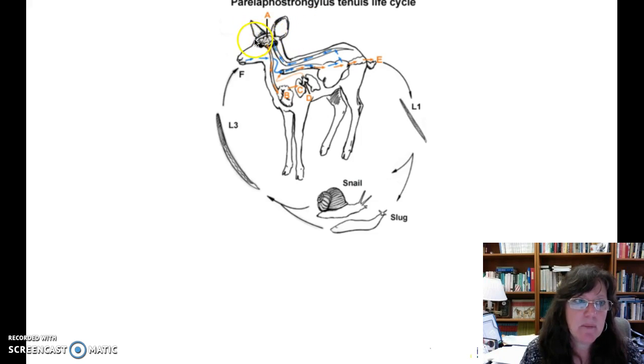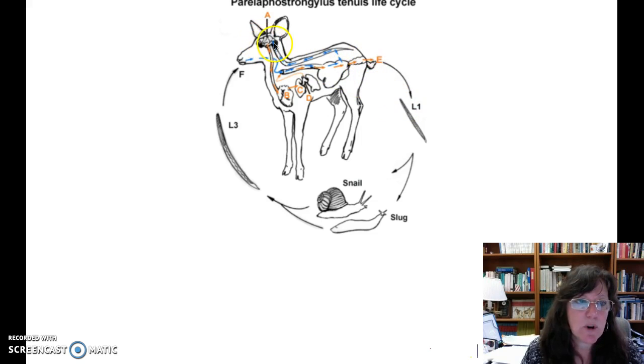And once it reaches adulthood and reproduces, it'll lay eggs. Those eggs will hatch and work their way into the circulatory system, or into the lungs, and then they get coughed up from the lungs and swallowed down into the digestive tract, and then they pass out with the feces.